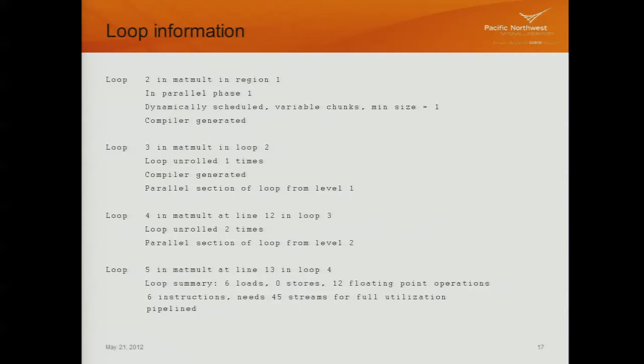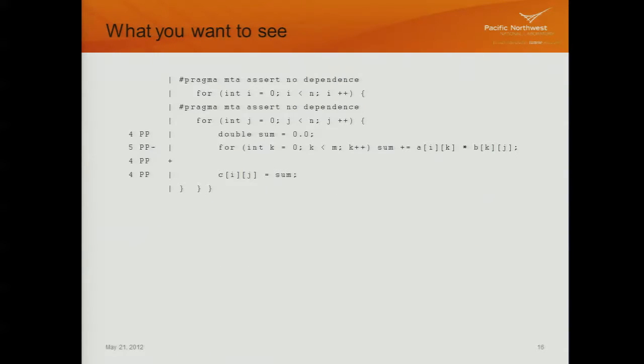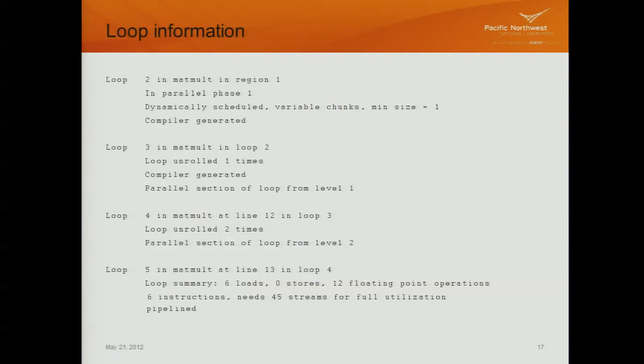This usually does a good job of identifying the number of load operations, the number of store operations, the number of floating point operations, the total number of instructions in the inner loop, and then the number of resources that at least the compiler has requested. These numbers don't quite correspond to the ones if you do the count here, because the loop has been unrolled, and so that inner loop actually has more instructions than what you wrote.